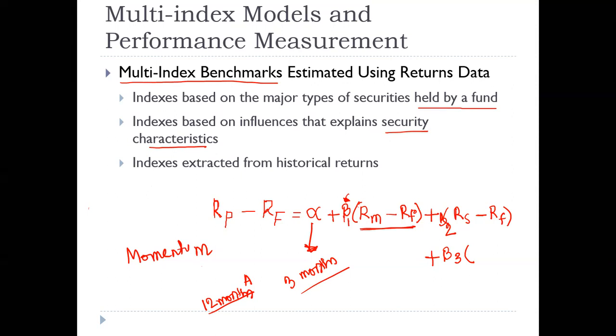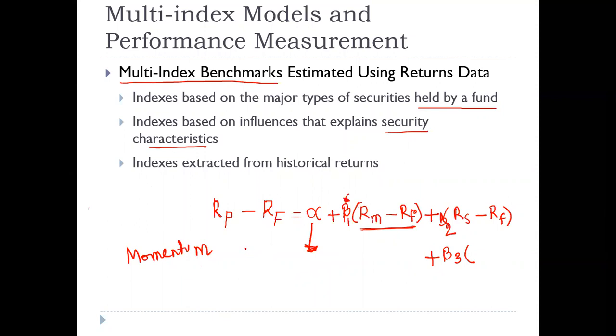So it is also possible to include an index which represents the return for the momentum factor. If we sort the stocks based on this momentum characteristic, which stocks will be in the first quartile?